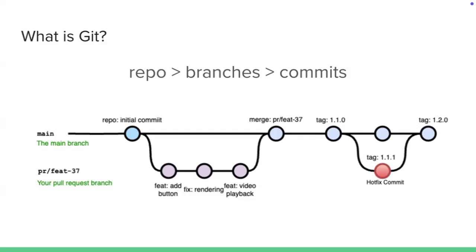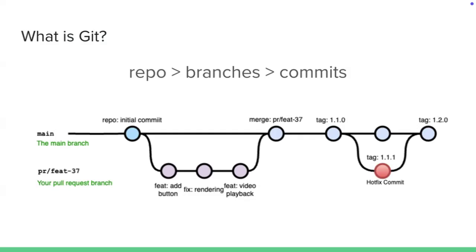And usually you add a name or a little key phrase to describe what you did. So it's like feature, add button, or fix, rendering, and so on. Just something to describe what your change is. And then you can eventually merge those changes together down along the line so that they can be shared with the code that other people are working with.